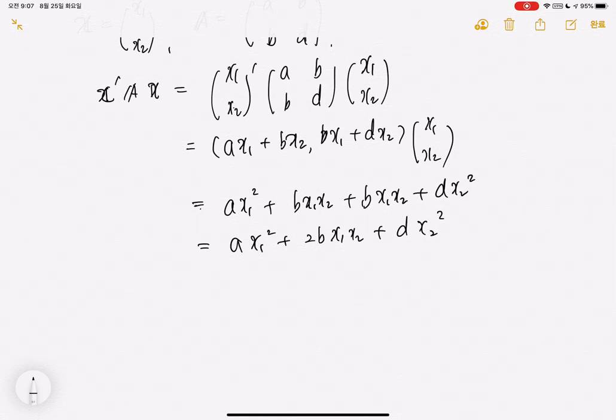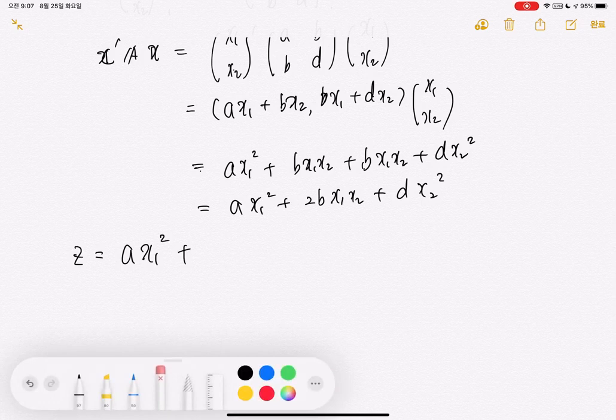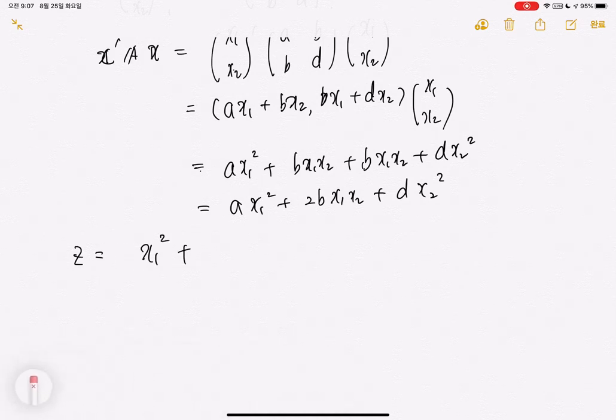Okay, consider the following quadratic equation. Your z is A x1 squared. Let's change the notation. Instead of A, I'm going to use a capital letter here.